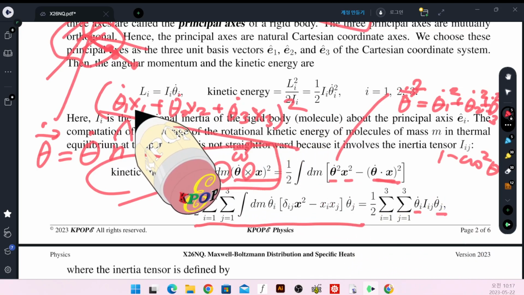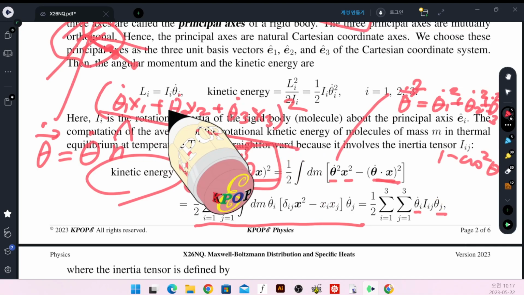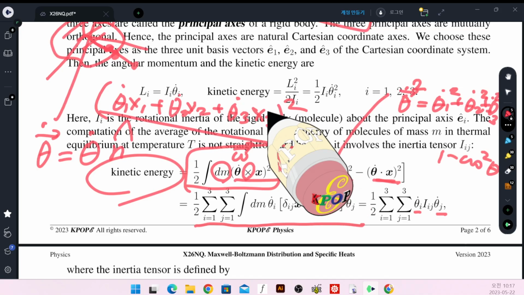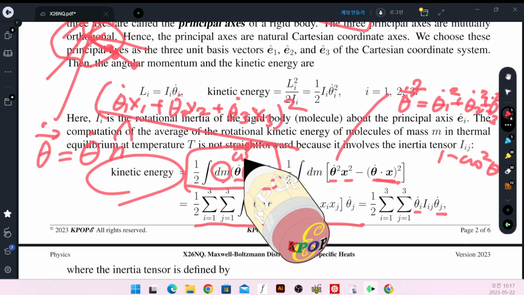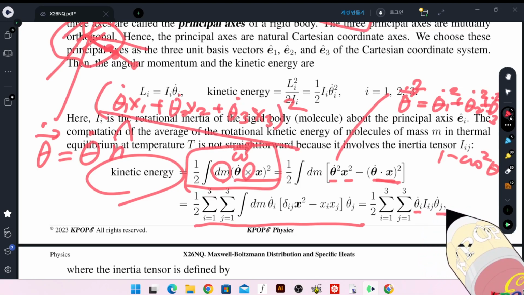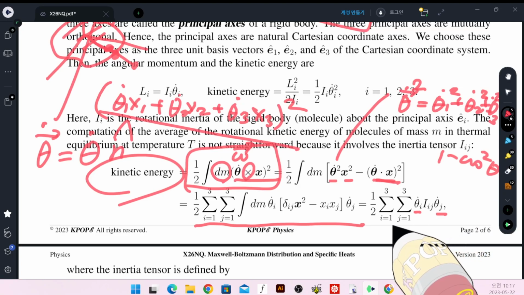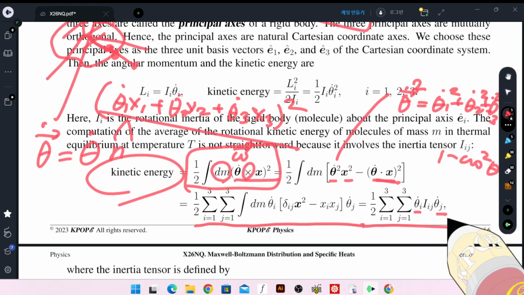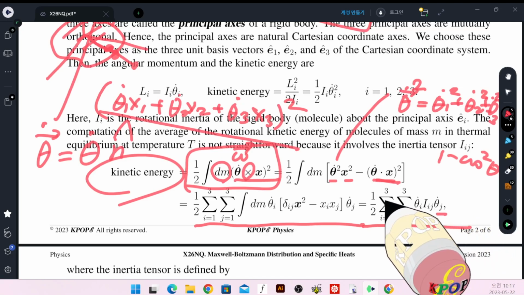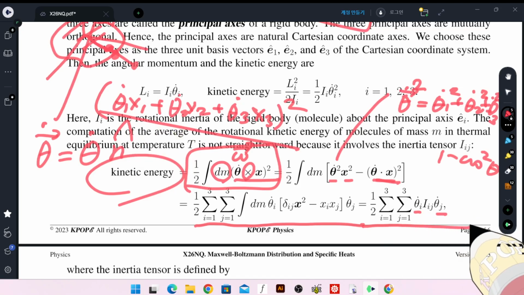Because of this, we have x1 x2, x1 x3, and many such terms appear in this expansion. So it is impossible to avoid crossing terms like theta 1 dot and theta 2 dot. Therefore, it is completely impossible to separate 1,1, 2,2, and 3,3 in general.